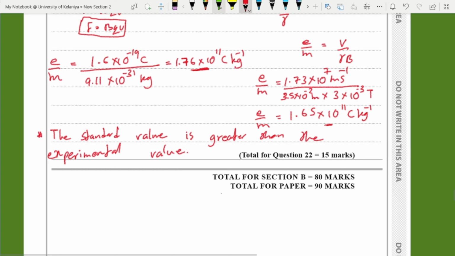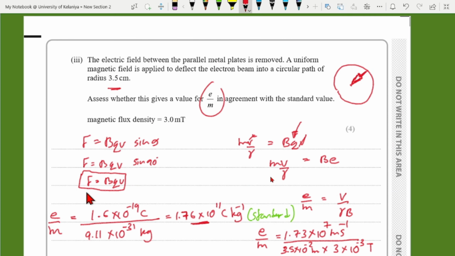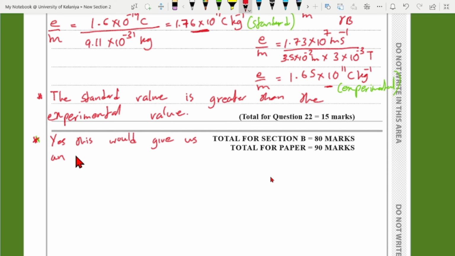Here this is the standard value, and this is the experimental value, and we write our conclusion: yes, this would give us an accurate value, this gives us a value in agreement with the standard value.